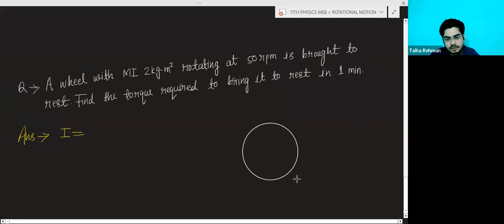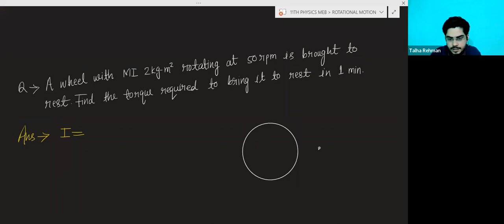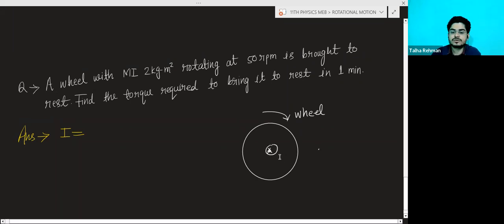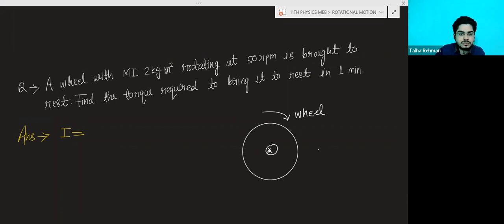And this wheel is rotating about this axis. The wheel rotates about the center of mass. Moment of inertia of this wheel is given as 2 kg meter square.